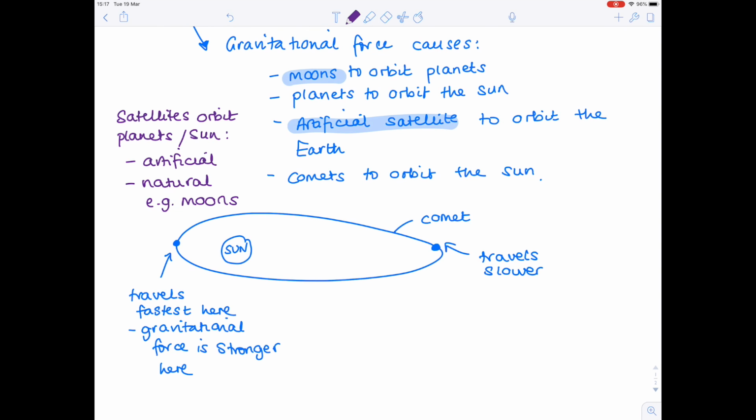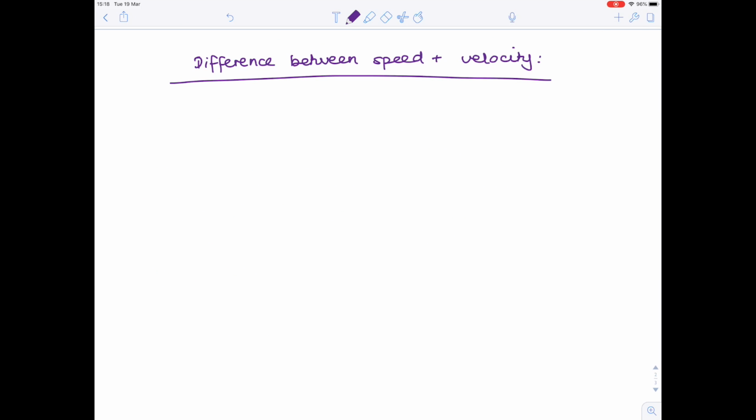The next thing we need to look at is quite a complicated part of the specification, which is why does a satellite's velocity change even though it travels at a constant speed? And that kind of sounds like you're arguing with yourself, but you do need to know the difference between speed and velocity here, even though they sound like the same thing. So the real difference between speed and velocity is whether they're scalar or vector quantities.